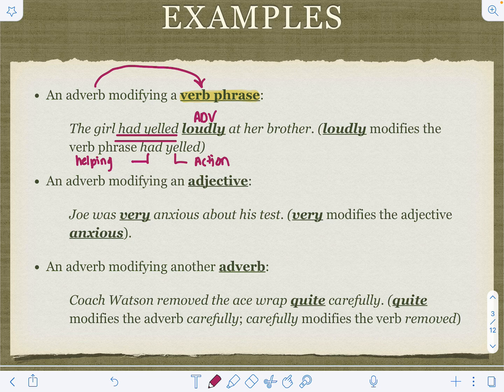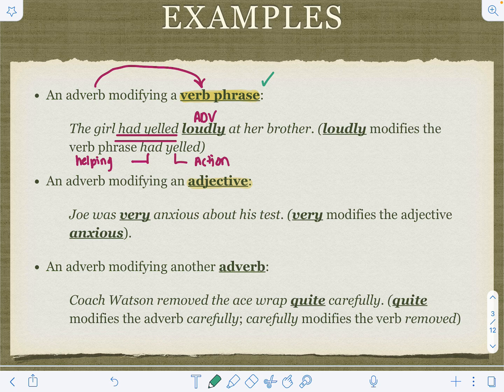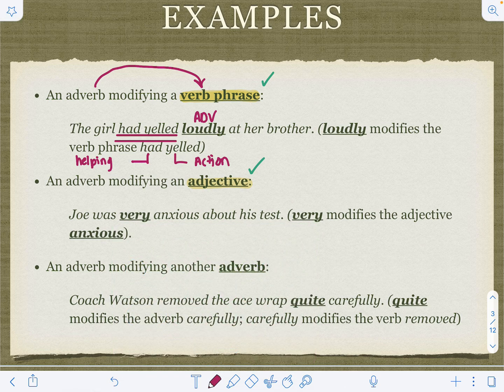So for example, an adverb can also modify an adjective. So you need to be able to define or look for verb phrases and adjectives when you're seeking out adverbs. The example says, Joe was very anxious about his test. Very is our adverb.